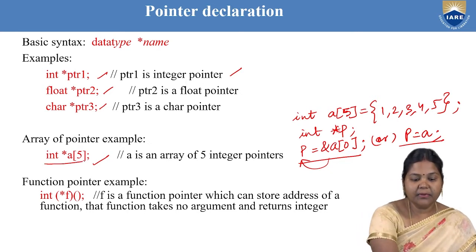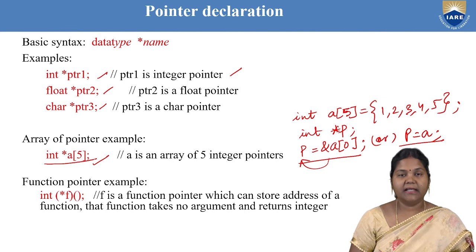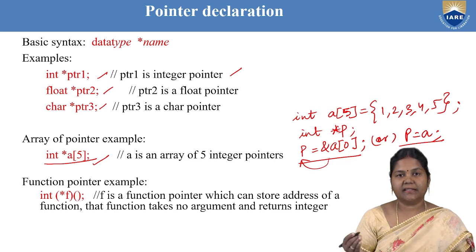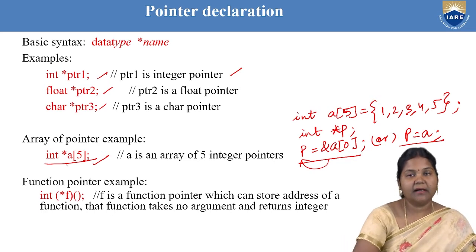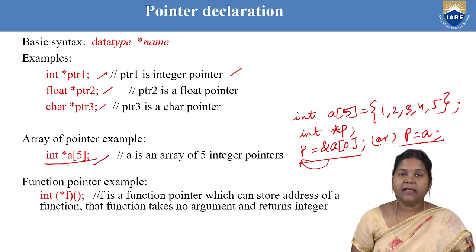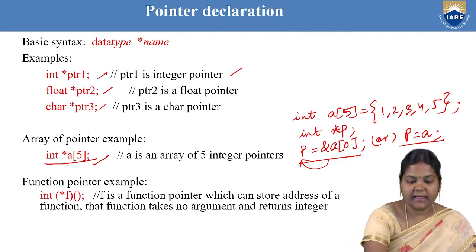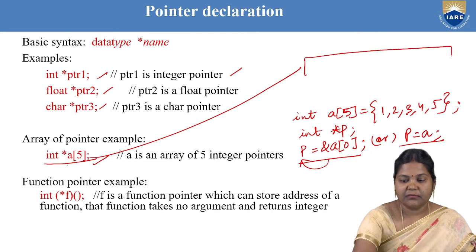Now this example is an array of pointers. In an array of pointers, instead of storing the values, the array itself contains 5 integer addresses. So int star a of 5 is nothing but an array of 5 integer pointers. That means this array contains 5 addresses.